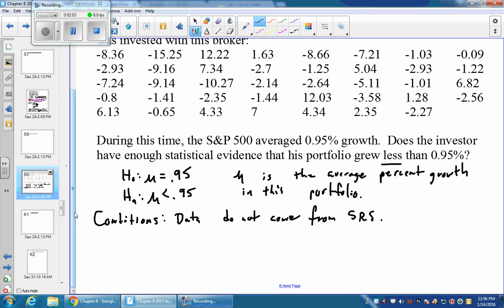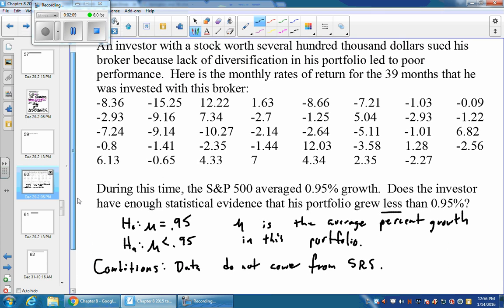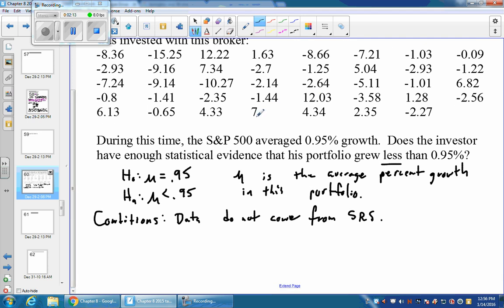So now we want to check normality and independence. Independence is kind of tough here because we can't say there are 390 months; these might depend on each other.